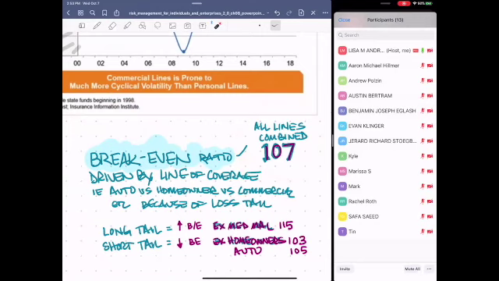So if they were all on the same team, State Farm, Allstate, all the big carriers that do commercial lines, if they all operated as one big unit, in total their break-even is 107, which means that they expect to get, as a team, pretty good investment results.